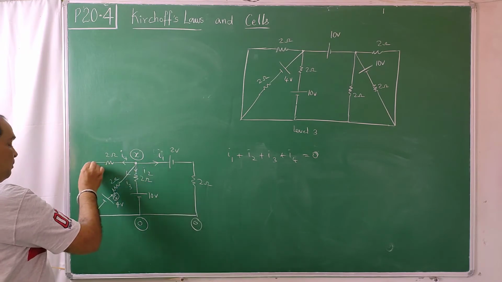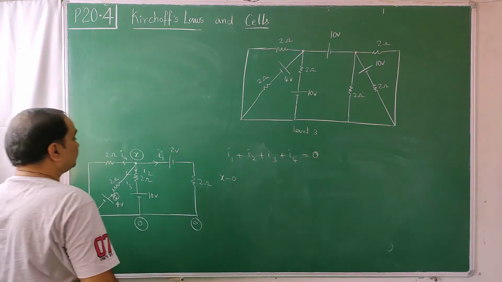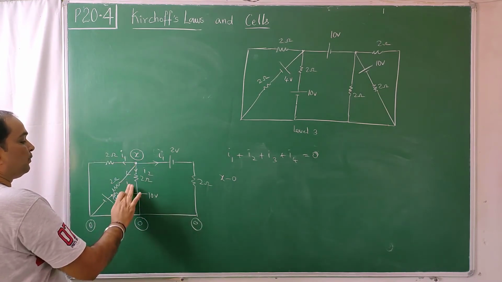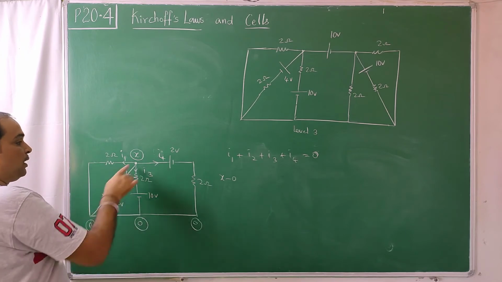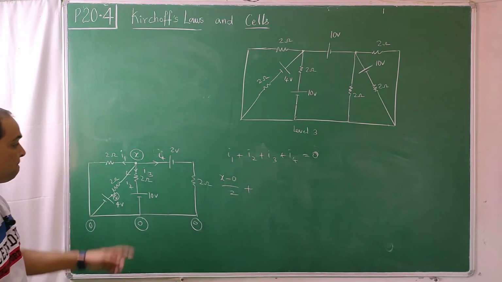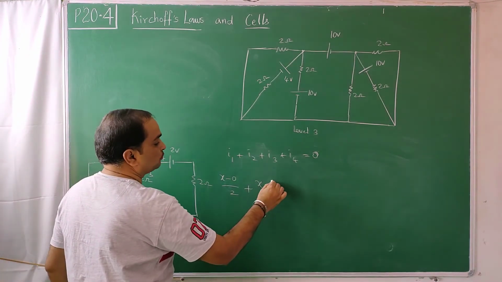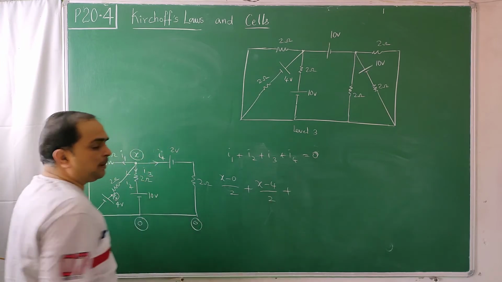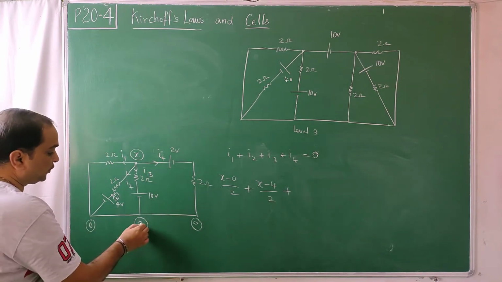x minus 0, there is potential difference. So this is I1. So I1, I2, I3, I4 this way. x minus 0 by 2 plus x minus 4, this point, by 2. And what is nothing but I am writing potential difference. This potential difference, how much? 0, rise of 10.